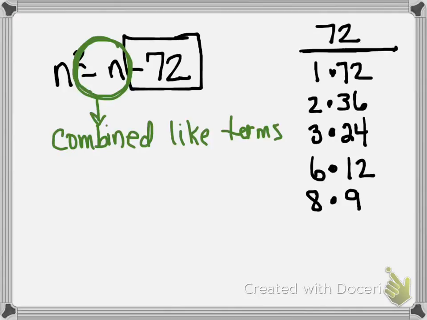So could you get to a -1 by adding or subtracting 1 and 72? If you did 1 minus 72, you could get to -71. 1 plus 72 would be 73. 72 minus 1 would be 71. And 72 plus 1 would be 73. None of those combinations will give you what you're looking for, which is a -1.